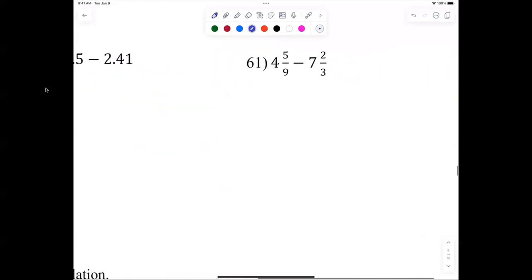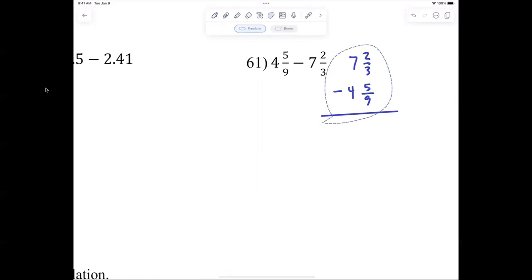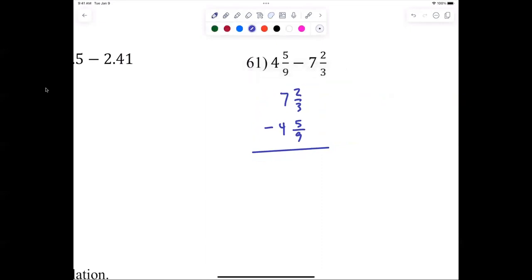All right. Now here, same principle. We're subtracting 7 2/3 minus 4 5/9. Is my answer going to be positive or negative? All right. Good job. It is in fact going to be negative. And I'm really trying to help you. If you forgot how to do the fractions, make sure you're with me. Common denominator here is what? 9.